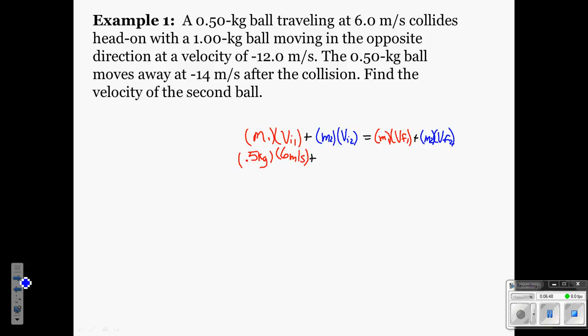That collides head on with a 1 kilogram object that is moving in the opposite direction at negative 12 meters per second. And that is going to be equal to my final velocity of object 1. Object 1's mass has not changed. It's still 0.5 kilograms, but its final velocity is negative 14 meters per second.